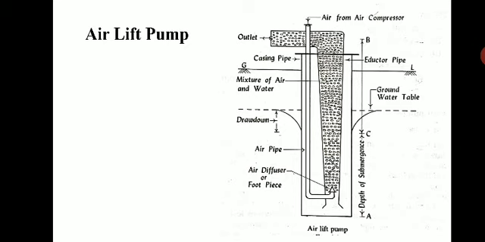This is due to the fact that the small air bubbles which are pushing the water have a tendency to coalesce, or unite, and the large bubbles which are formed rise more rapidly than the water. So that is the reason there will be an intermittent water supply from the outlet of this airlift pump.